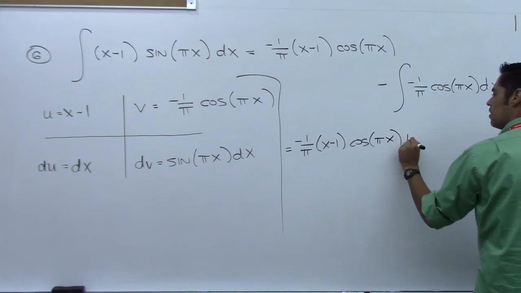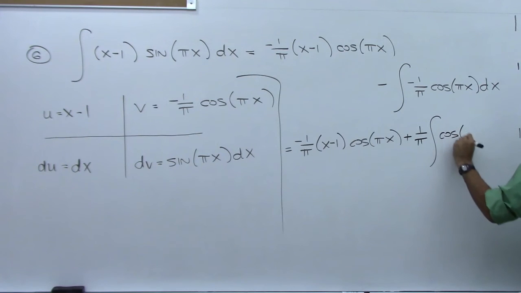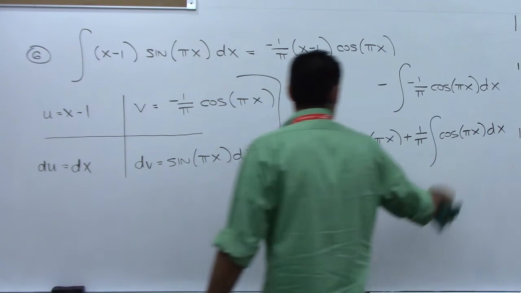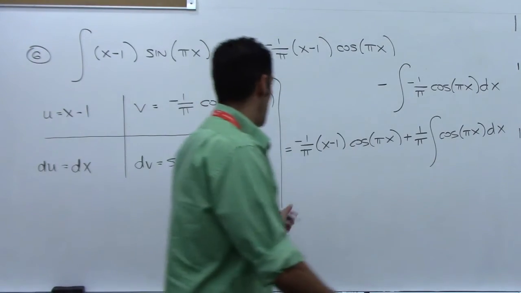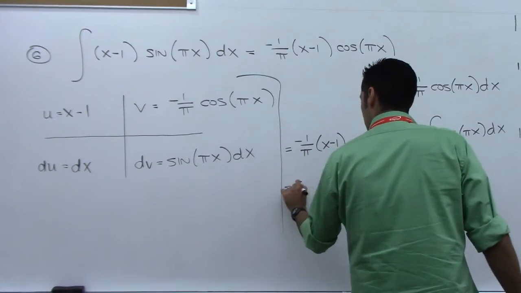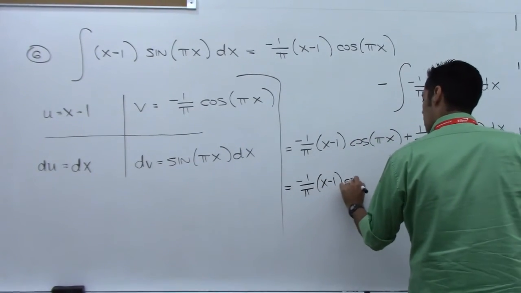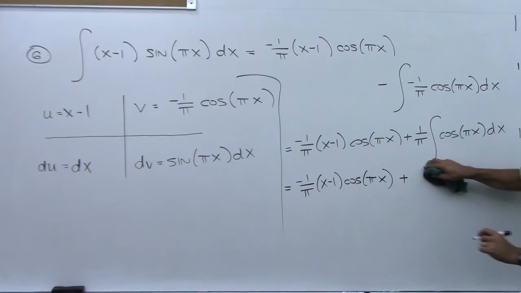Negative negative is plus, 1 over pi, and now I need the antiderivative of cosine pi x dx, which again I can do that. Antiderivative of cosine is sine, but I have to take care of the pi x, so I have to scale by another pi.